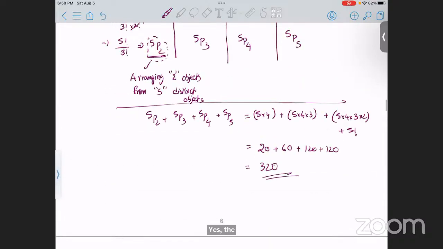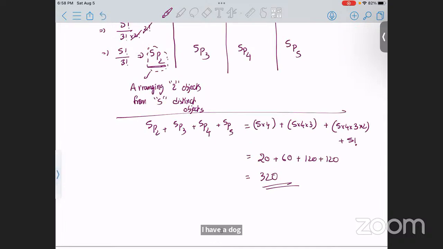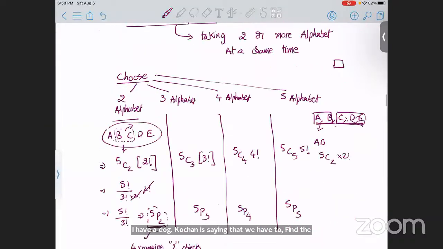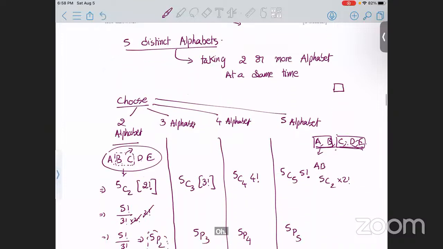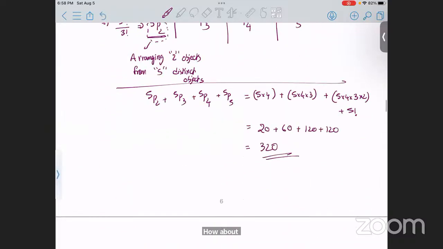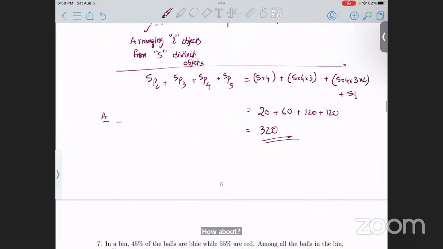I have a doubt. The question is saying that we have to find the number of words, then why are we taking 5C2? Because we are also considering arrangement. It says find the number of words with or without meaning, so we have to select 2 letters first.